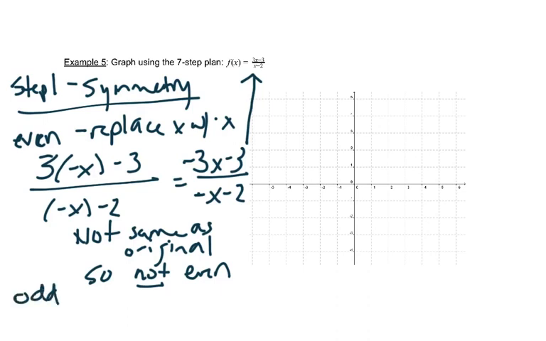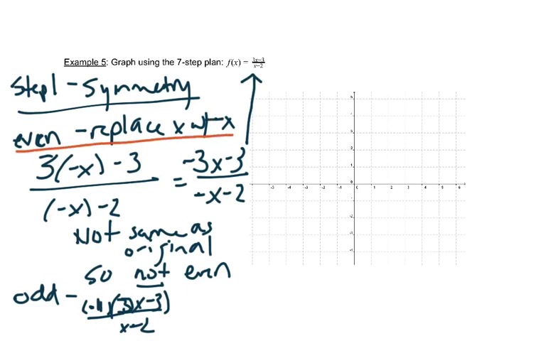So then to look for odd, we take a negative 1 times the original function. Okay, and usually that means we just multiply negative 1 times the top. This is in parentheses.